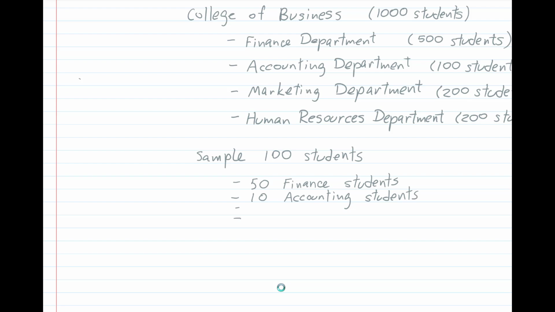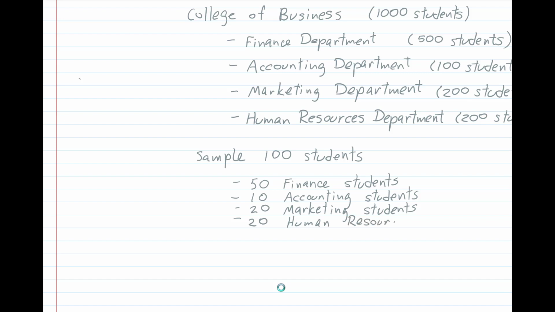How many marketing students would I want in the sample? Well, marketing makes up 20% of the college, so I would like it to make up 20% of my sample, and 20% of 100 is 20, so I would choose 20 marketing students. And also, for the same reason, 20 human resources students.